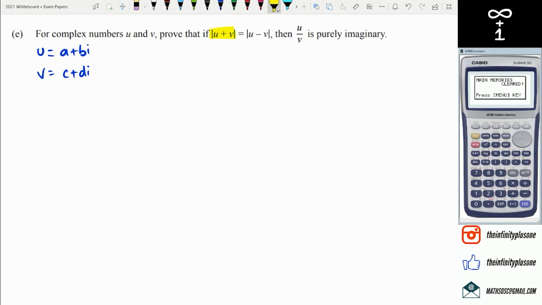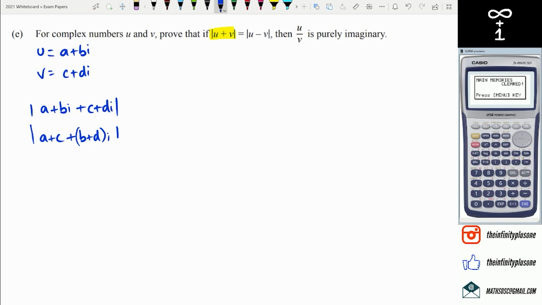The first part I'm going to do is the modulus of u plus v. So the modulus of u plus v is going to be the modulus of a plus bi plus c plus di. If I look at it like this, I've got (a plus c) and then (b plus d)i.